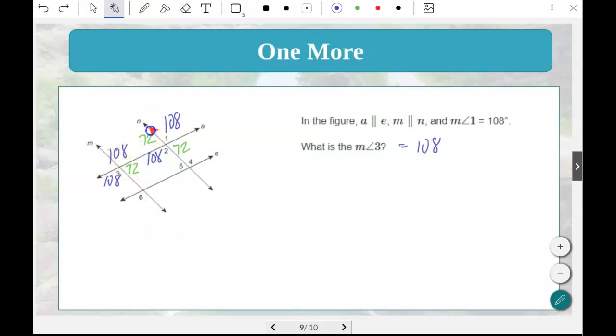M is parallel to N. So this A would be a transversal for those two lines, and it's alternate exterior. And so they are congruent.